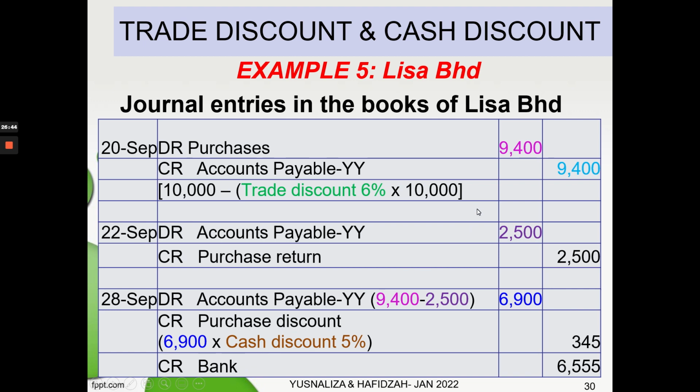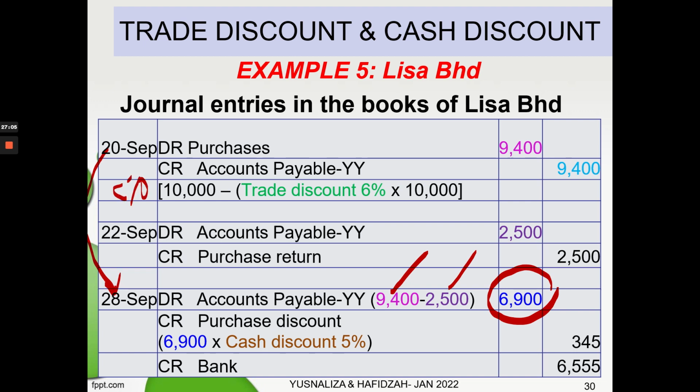So the payment that was made will be based on 6,900, which is 9,004 minus 2,005. Since you are paying within the discount period of 10 days, it was still less than 10 days, right?